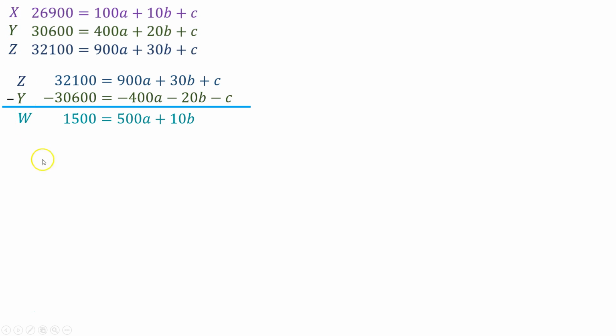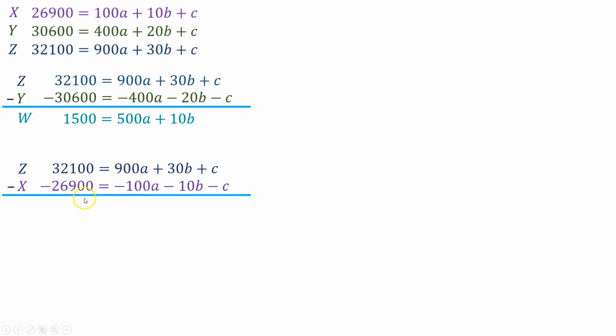We'll do z minus x to get an equation that's different from this one that still only has a and b. So here's z again. Minus x means I'm going to subtract each one of these parts. And my new equation that I get is 5200 equals 800a plus 20b. And I'll just call this equation v.